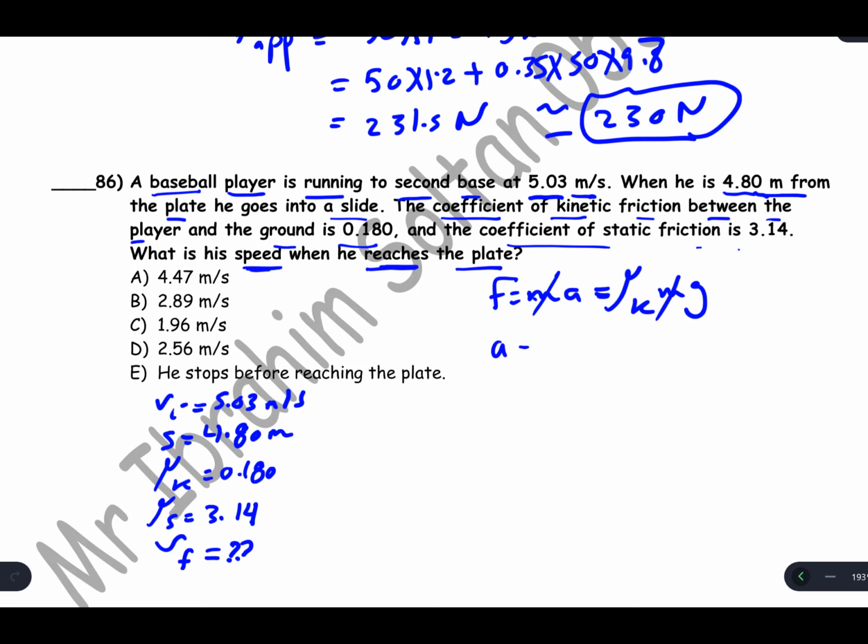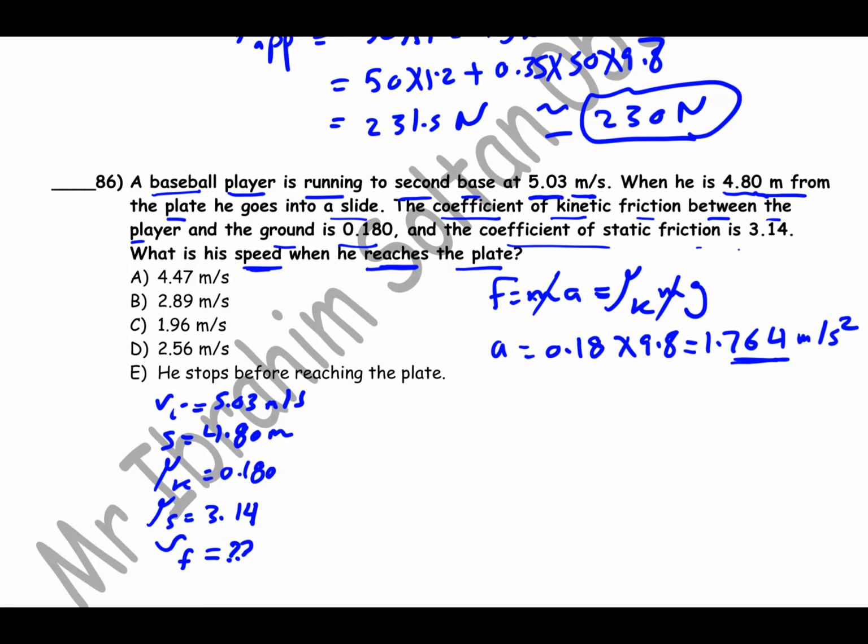M goes with M, so the acceleration is mu K, 0.18, times 9.8, so the acceleration is 1.764 meters per second square. And sure, it is negative acceleration, or deceleration, right?